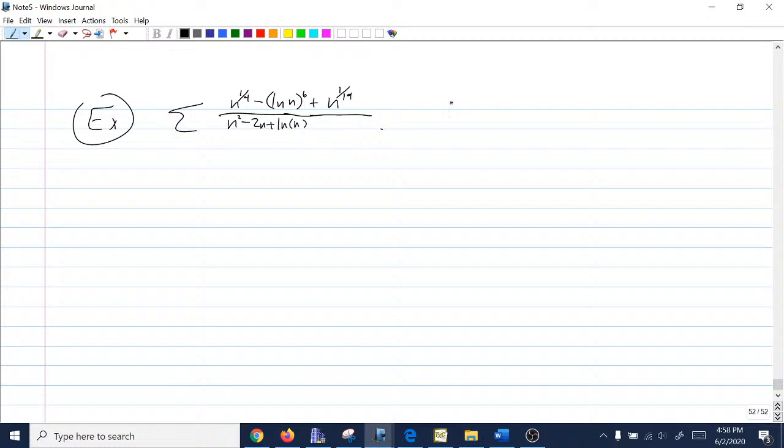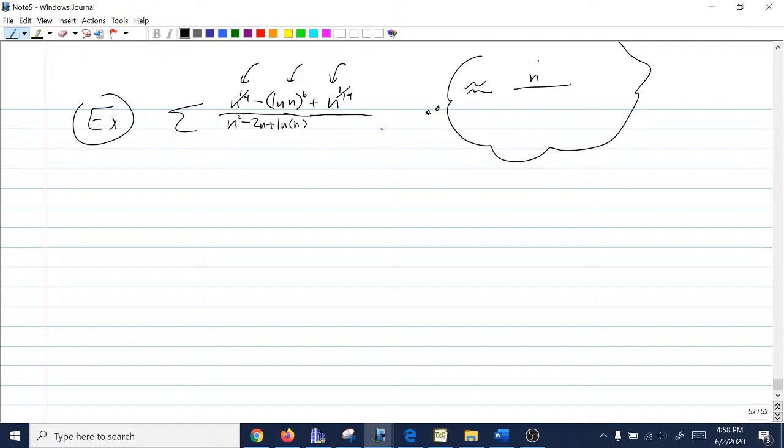About how big is this? I want to show this converges or diverges. I got so much garbage on the top and bottom. What I really want to be able to do is throw away as much garbage as I can. The top, I have log n is very small, smaller than any power of n, so this is the least significant term on top. I have n to the 1/4 and n to the 1/19th. The bigger power will be the bigger sequence, 1/4 is the bigger fraction.